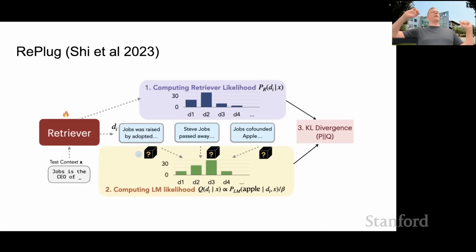So you can look at the perplexity of the correct answer for that language model. Now we have these two likelihoods essentially, and we can minimize the KL divergence to make sure that we retrieve the documents that lead to the lowest perplexity on the right answer for the language model. So super simple idea, works really, really well.